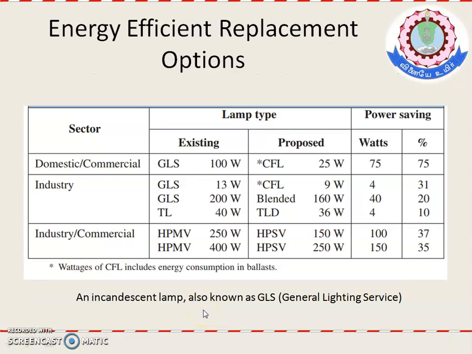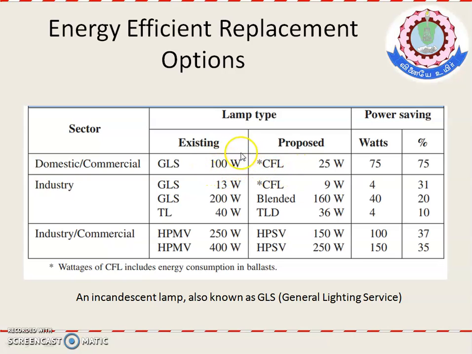And the next thing is, what are the possible energy efficient replacements we can suggest? In the domestic sector, general lighting services, that is nothing but your incandescent lamps. Incandescent lamps are known as general lighting services. They can be replaced with CFL, compact fluorescent lamps.